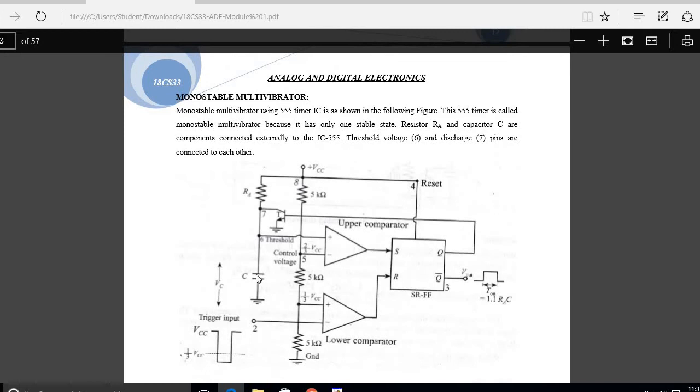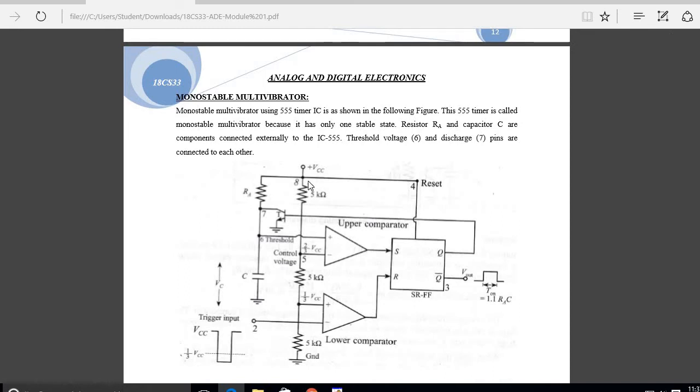It is the same IC 555, but the explanation and working are different, and we'll see that. A monostable multivibrator using the 555 timer IC is as shown in the figure, and the 555 timer is called monostable when it has only one stable state. In this circuit there is only one stable state, for that reason I am calling it monostable.